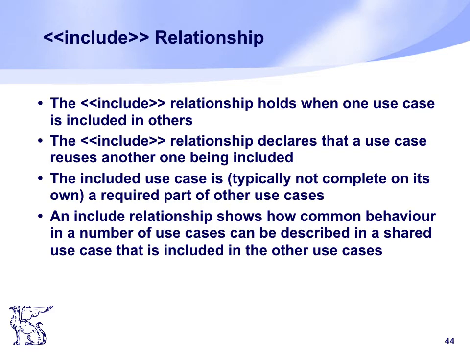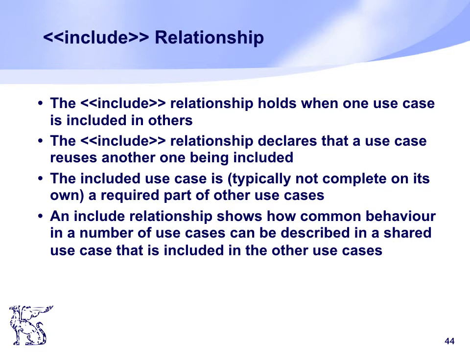Now we will talk about the include relationship. When a use case is depicted as using the functionality of another use case, the relationship between the use cases is named include or uses relationship. When we draw a use case diagram, we look for common functionality that can be reused across the system.